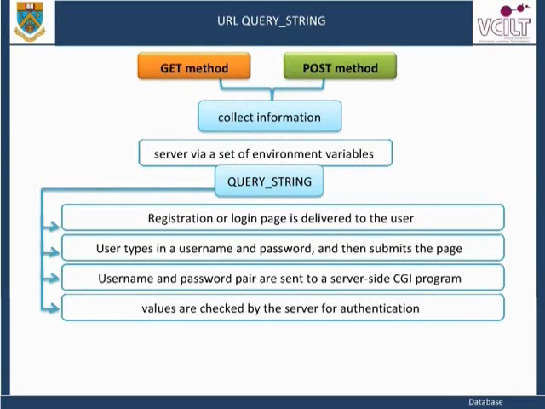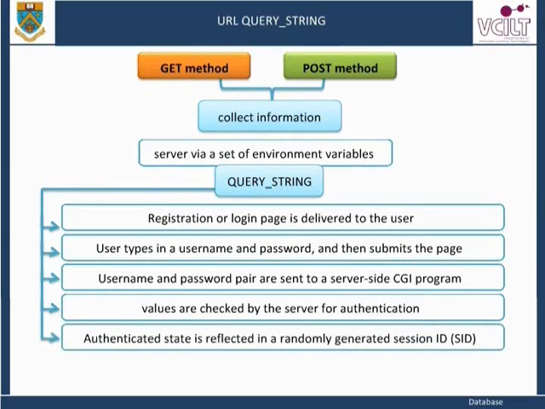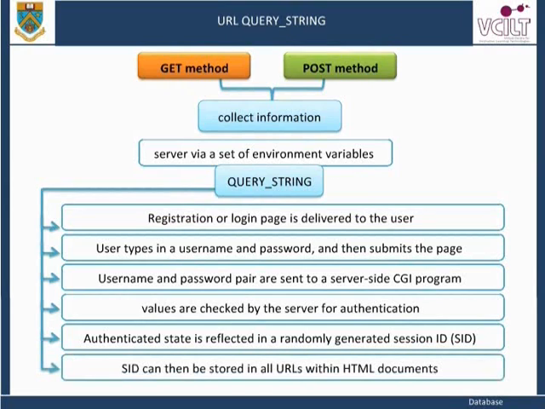If he or she is authenticated, the authenticated state is reflected in a randomly generated session ID, SID, which is stored in a database along with other necessary data to describe the state of the user session. The SID can then be stored in all URLs within HTML documents returned by the server to the client, and therefore tracking the identity of the user throughout the session.